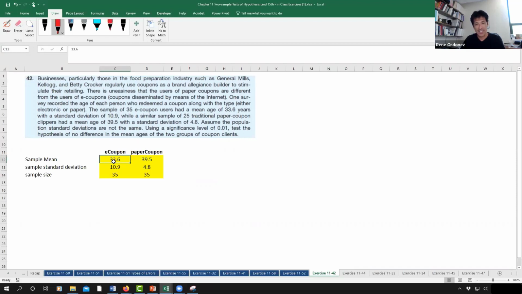Okay, so this is the average age of the 35 sampled who use e-coupons. And then this is the average age of the 35, or not 35, e-coupon. This should be 25, right? 25, 39.5, and 4.8. Okay, so the numbers are good now.